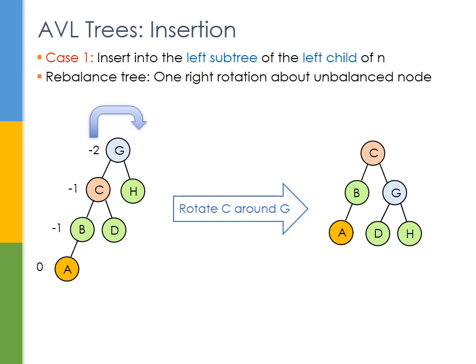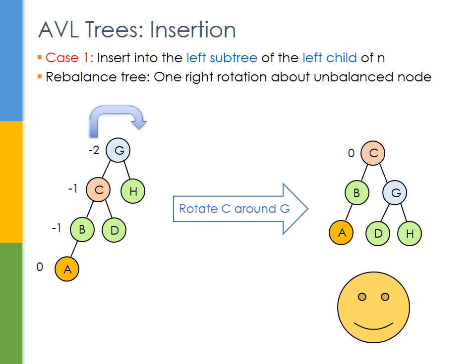All that then remains for us to do is to update the balance factors for the nodes that have been affected by the rotation. We update node C's balance factor to 0, and this is because node C has rotated up. The height of its right subtree has increased by 1, while the left subtree has remained unchanged.